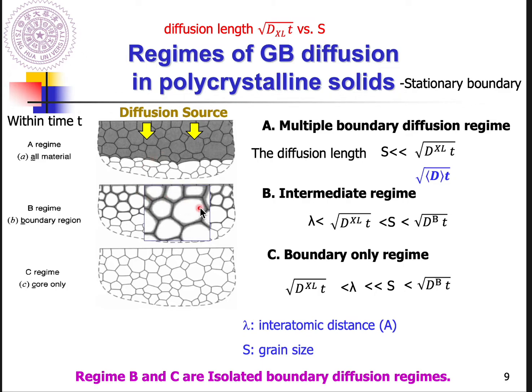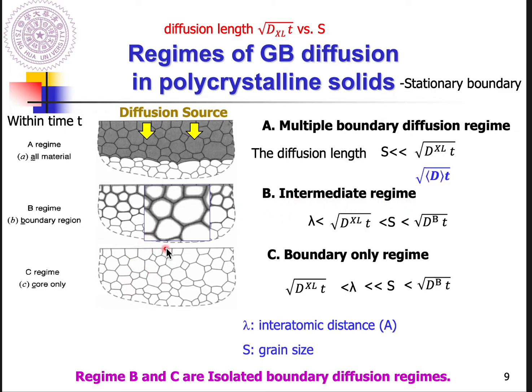In the B regime, you can observe that diffusion happens, but the pattern is totally different from regime A, because the atoms diffuse along the grain boundary and also diffuse slightly into the grain. So we call this the boundary regime or intermediate regime.